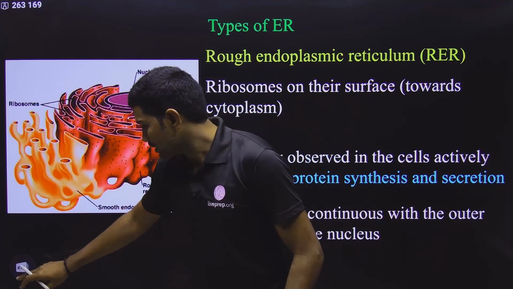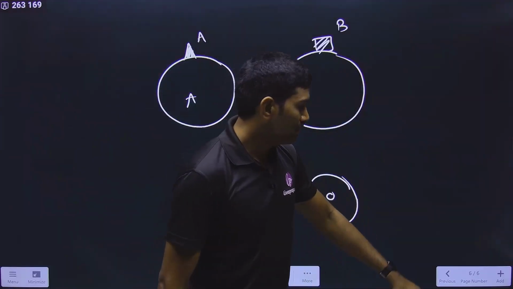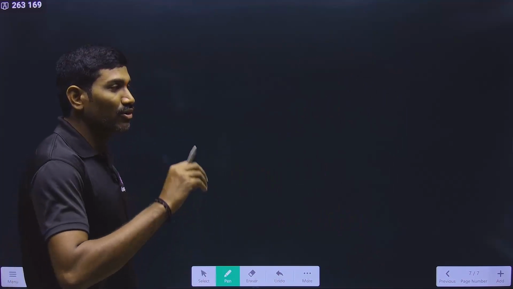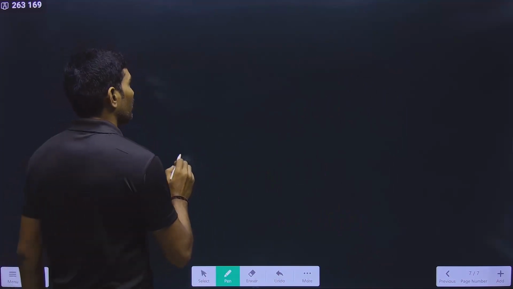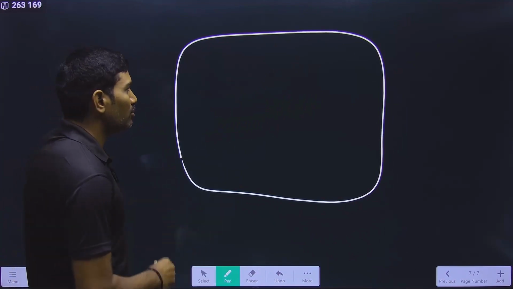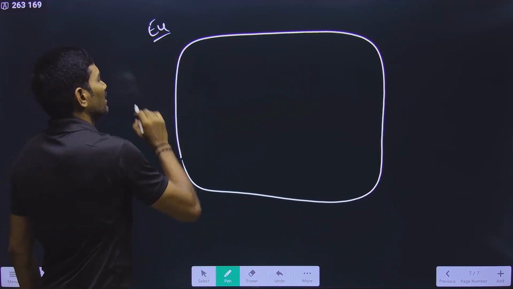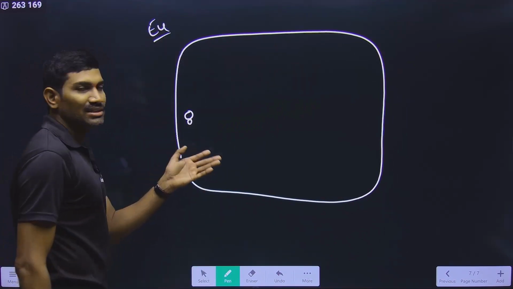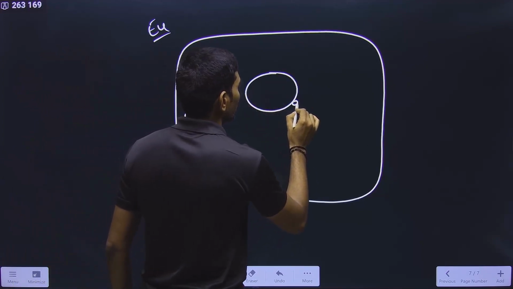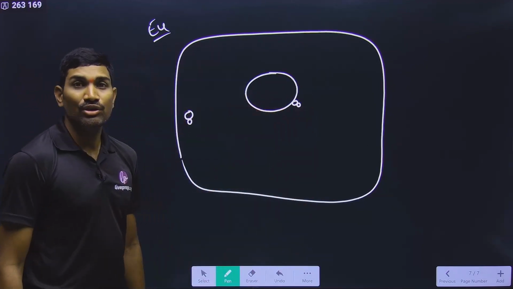Now this needs some explanation. The length of this video may increase, so don't worry. Let us try to understand these points. Why are we focusing on the word secretion? Now observe carefully. In the previous lecture I told you the locations of ribosomes in a eukaryotic cell. Some ribosomes are present freely in the cytoplasm. Suppose this is the nucleus. Some ribosomes are attached on the outer membrane of the nucleus.